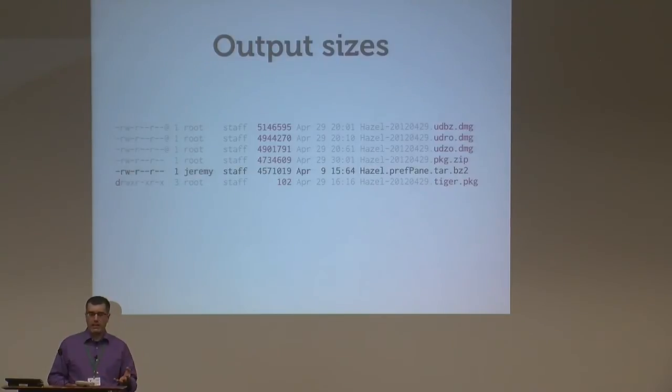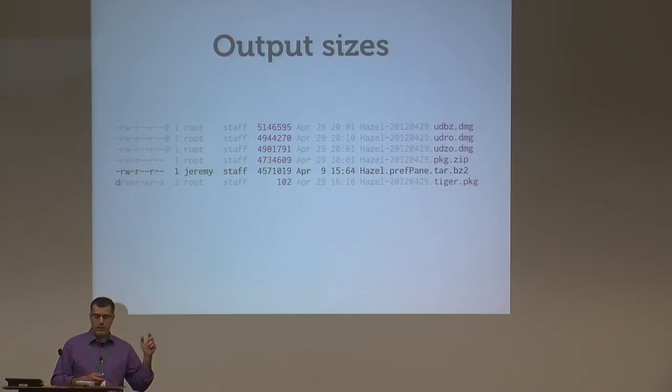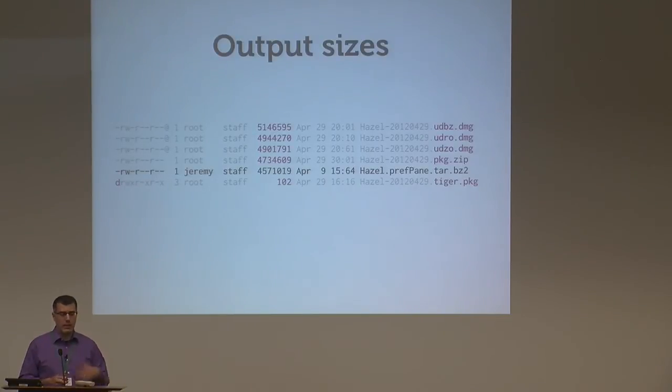As for the data size of the result, the disk image format normally compresses more highly. UDBZ oddly comes out to be the largest. This is if I overrode that package format. I've seen this several times with disk images containing packages, and I've reproduced it manually from the command line while I was trying to do it myself without Luggage involved.